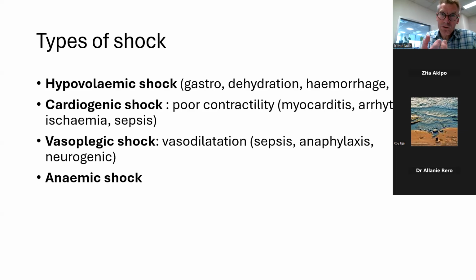And if all your blood vessels are dilated, then even if you've got the normal amount of fluid in your blood vessels, you'll have low blood pressure because they're just more dilated, and the capacity of the circulation is much greater. So you need more fluid. So vasoplegic shock is the third type, and that occurs typically with sepsis and with anaphylaxis, where you get vasodilatation, and with neurogenic shock.